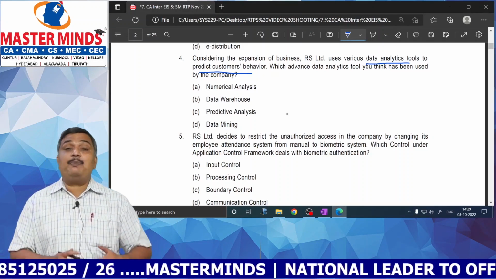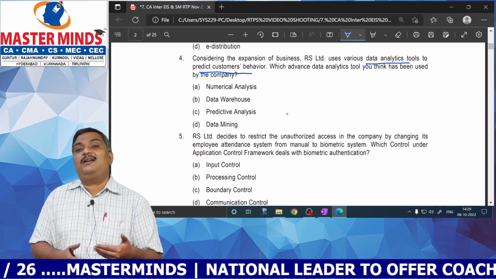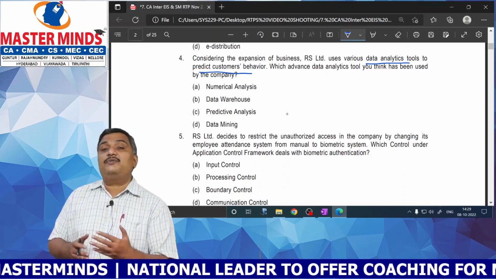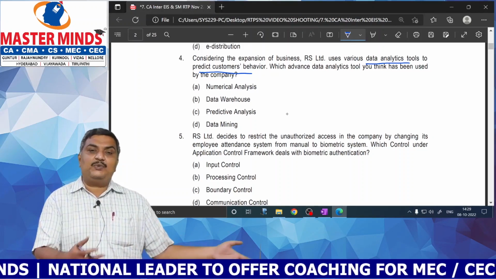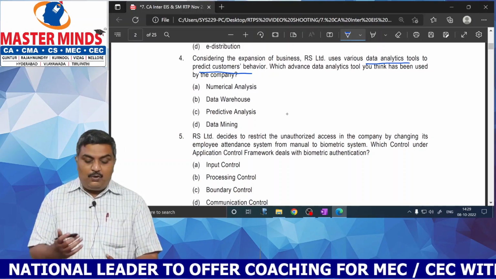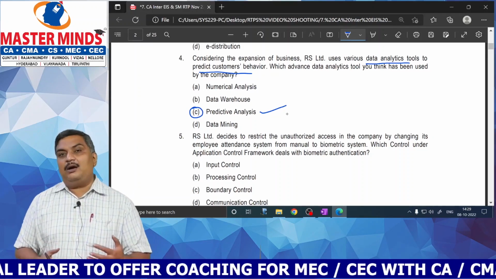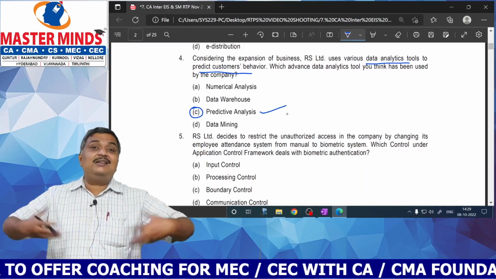And the next one, predictive analysis. Yes, what RS Limited has done using data analytics tools is predictive analysis. Predictive analysis of the consumer behavior and the predictive analysis of the businesses it was entering into. So the answer is predictive analysis. Now, why it can't be data mining? See, data mining is the procedure of analyzing the data.